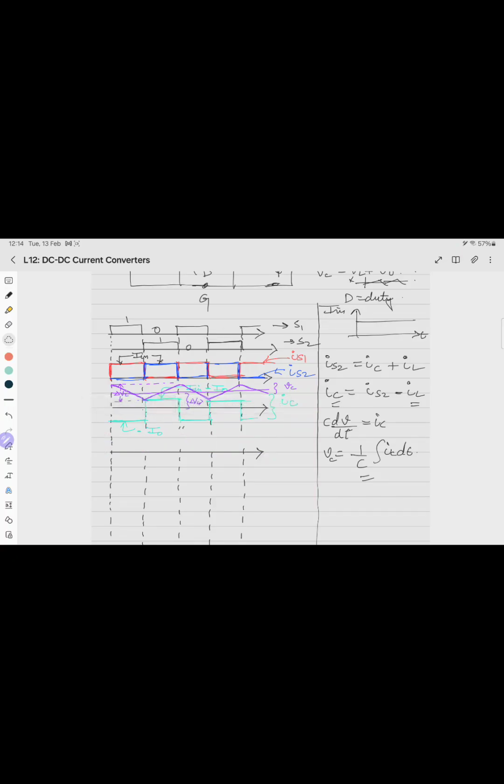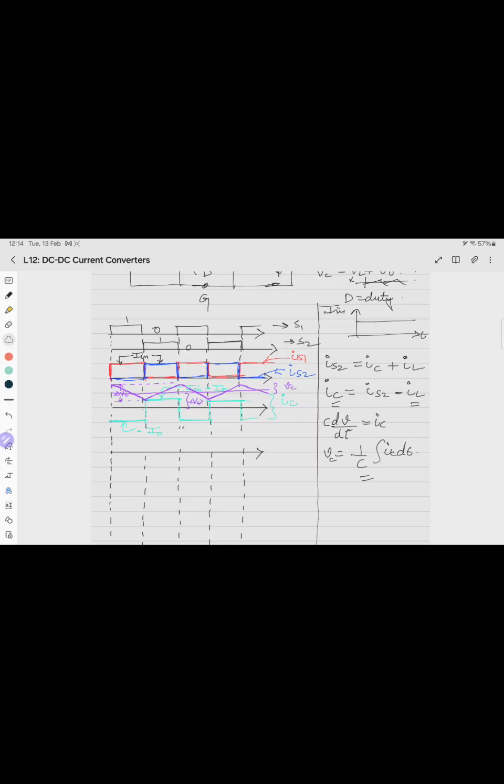Just like in the DC-DC voltage converter, I assume that I load is constant. Then what I used to do is find the current in the load, and then the current in the capacitor, and then integrate it to find the output voltage, which is constant, an average value plus some ripple. That ripple can be a straight line or quadratic and so on.